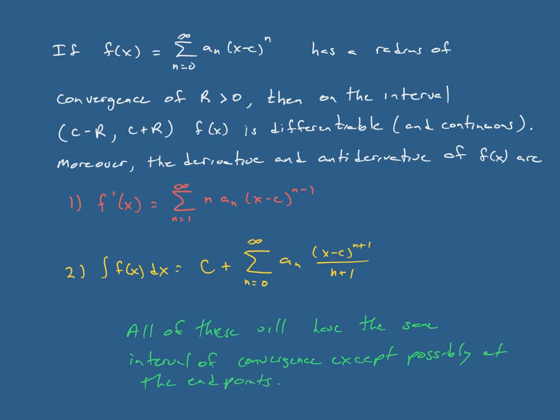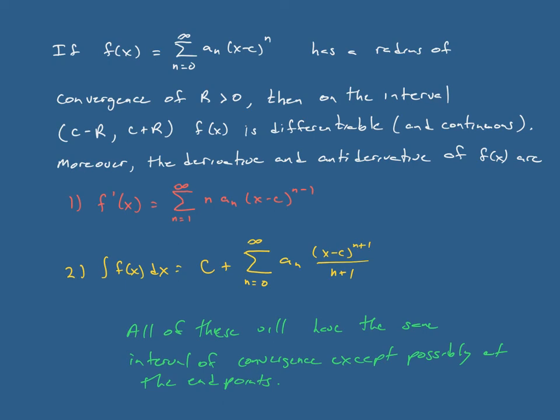Okay, so if I have a power series and I know that its interval of convergence is all real numbers, when I take its derivative or its antiderivative, its interval of convergence will also be all real numbers. If I have a power series that has an interval of convergence from 1 to 5, say, then its antiderivative and derivative are going to have that same 1 to 5 interval of convergence.